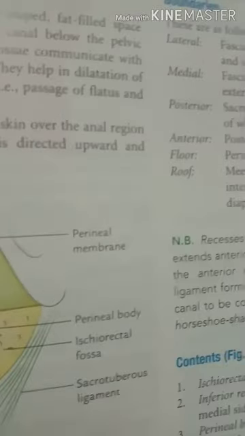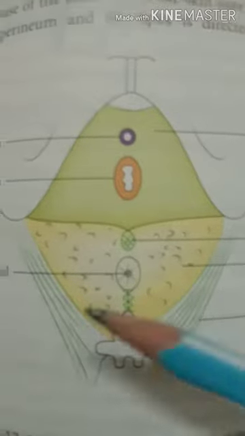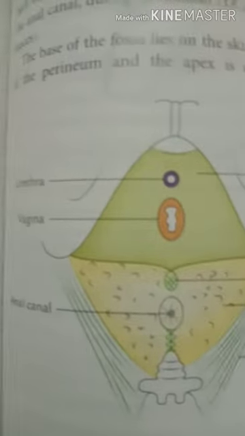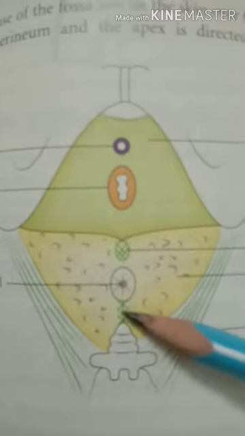So here in this diagram, this is the female perineum, and in this region you can see the anococcygeal ligament.